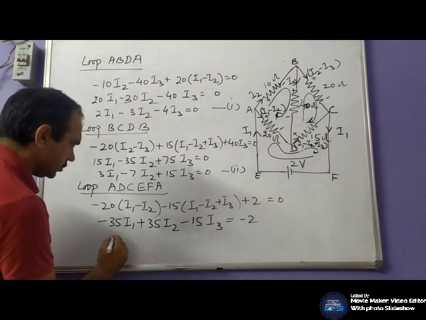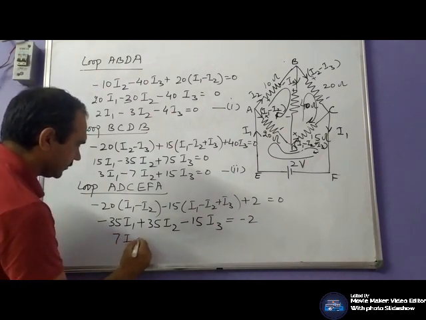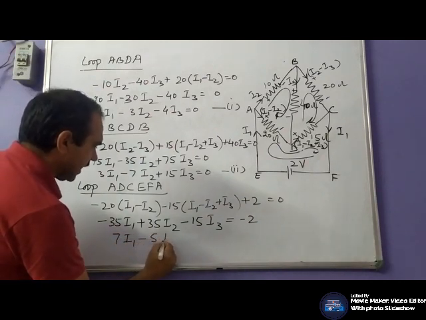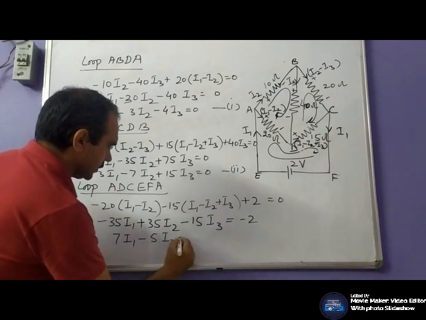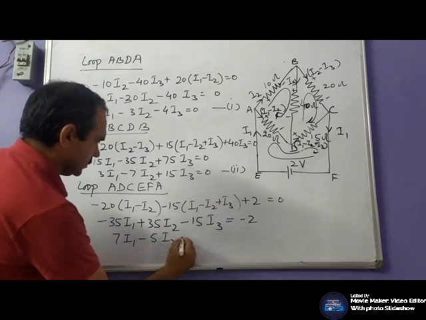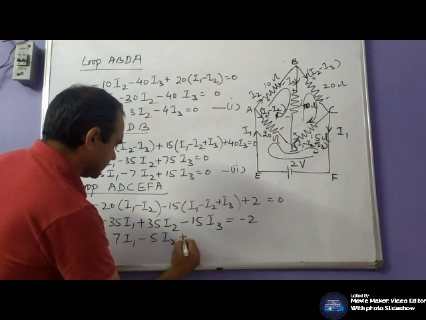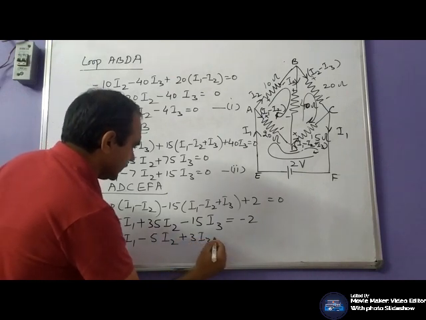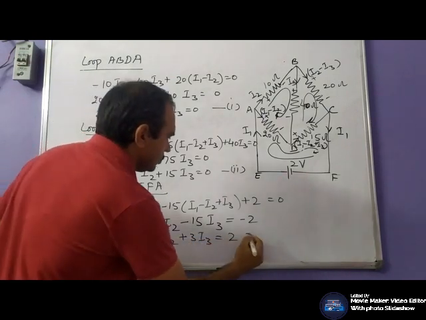Or 7 I1 minus 5 I2 plus 3 I3 is equal to 2.